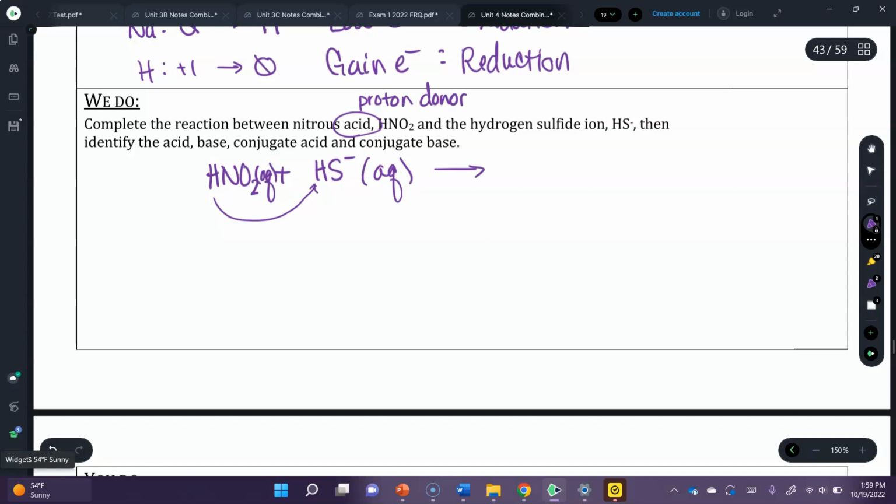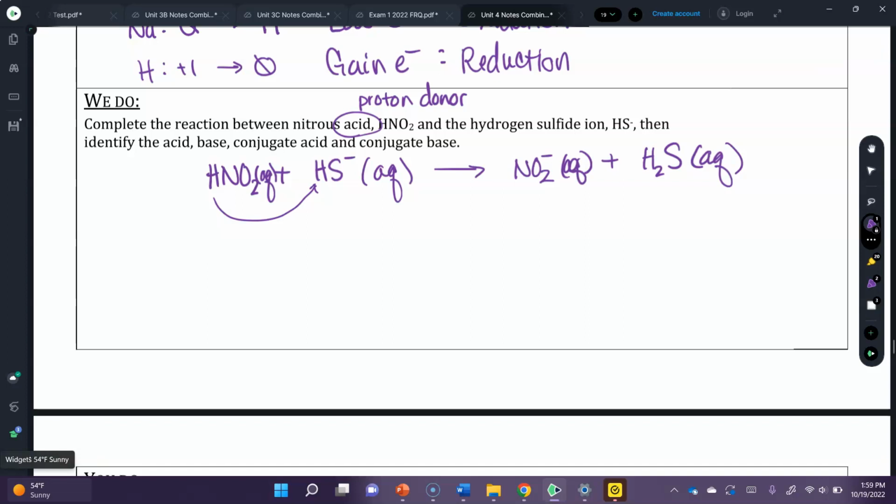So it is going to give the proton to the other species in our reaction. So we end up with NO2 minus, because it lost a hydrogen or a proton. So it's now negatively charged, so aq, plus H2S. Okay?